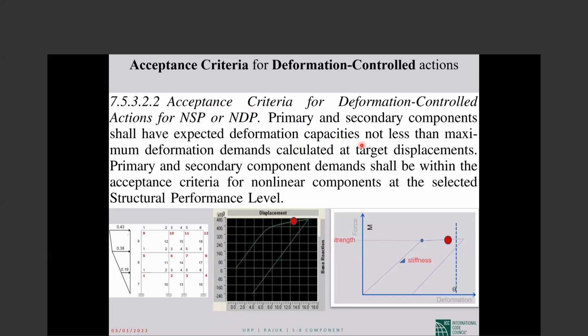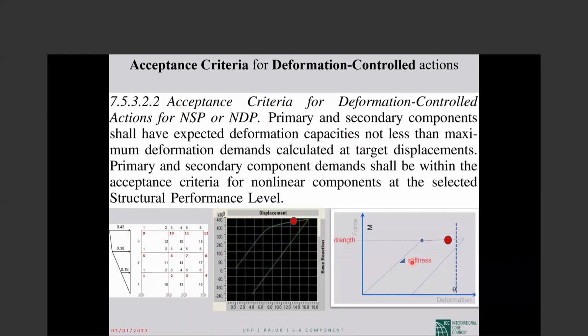It is plastic deformation capacity. Capacity is not a big deal. If they pass this point, it's not that we don't accept it. They are not rejected. No, but we look at their deformation capacity. If the demand is at this point, does it have this much capacity? This much deformation capacity?